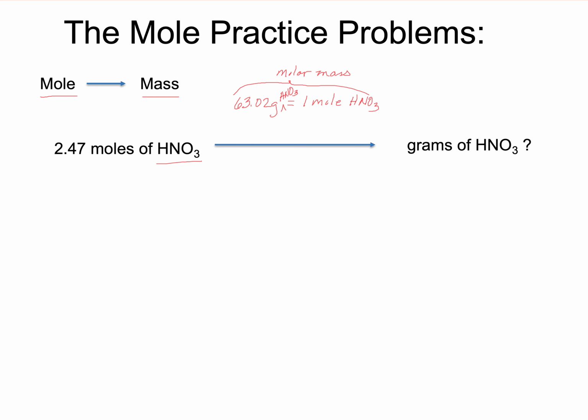So what we'll do is we'll start with our number, 2.47 moles of HNO3. Put that over 1. And now we're going to use our conversion factor and convert from moles to grams. So numerator is moles, so we're going to put in moles on the denominator. 1 mole of HNO3 should be equivalent to 63.02 grams of HNO3.